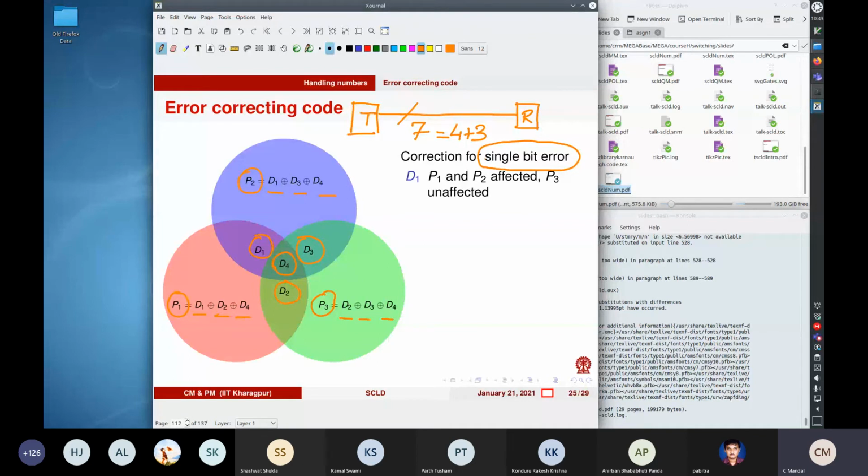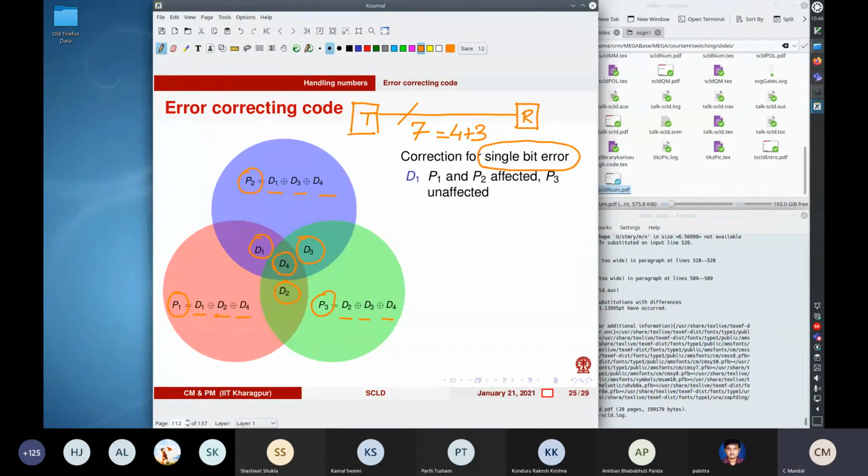So let us see the effect of these bits going into error. Suppose D1 goes into error, then you can very easily see that parity bits P1 and P2 will be affected, whereas parity bit P3 will remain unaffected, all right?